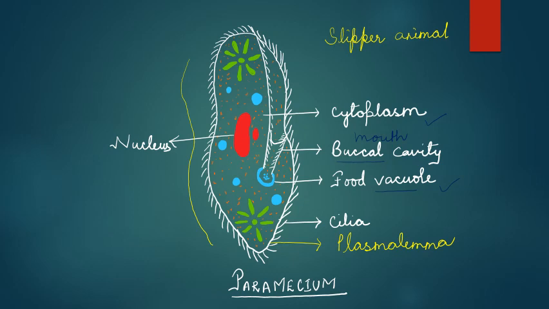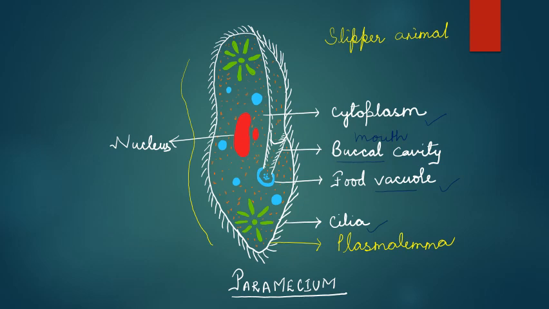Then you can see a number of small minute hair-like structures present all over the surface of its body, and these minute hair-like structures are cilia. These cilia help in the movement of this organism, and they also help paramecium to catch its prey.